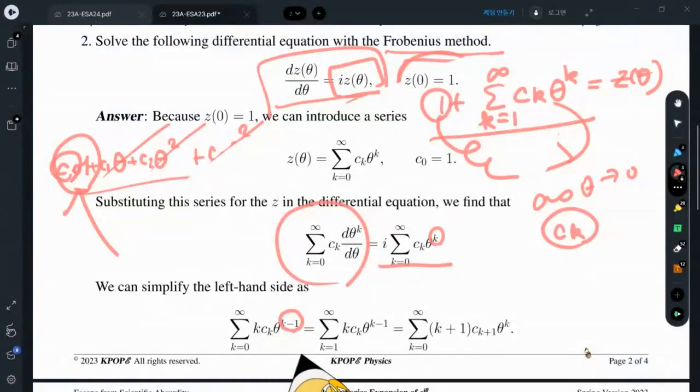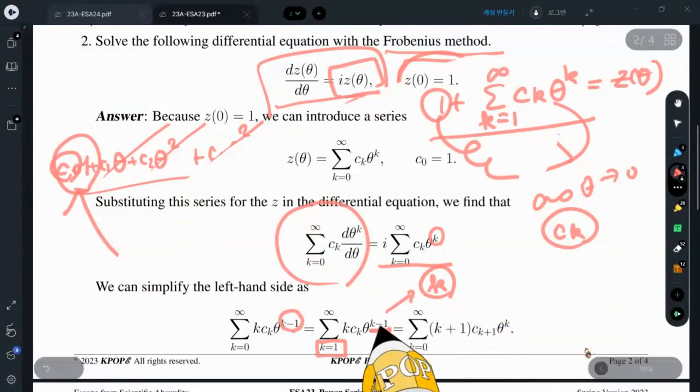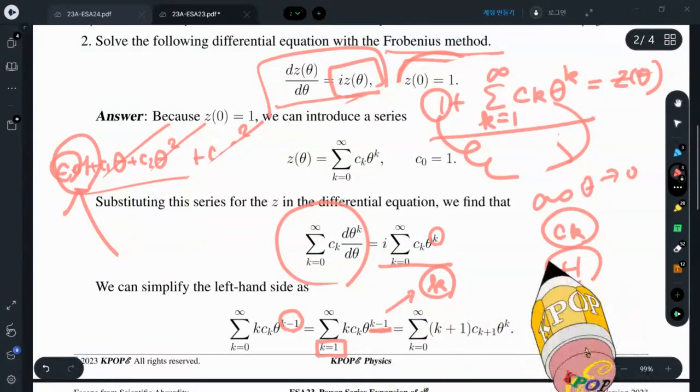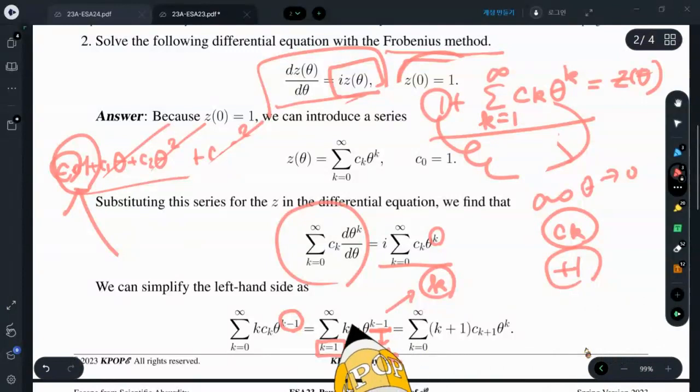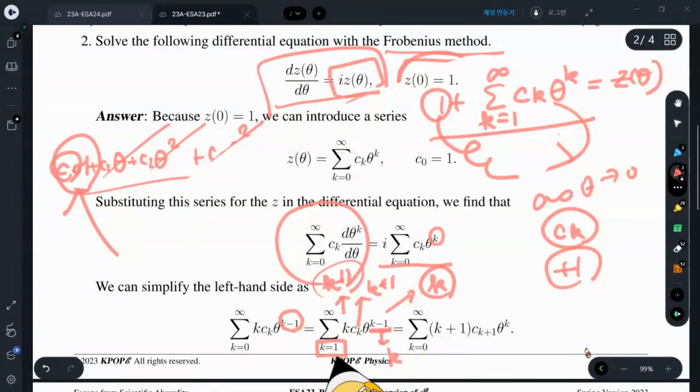I don't need this, so we begin with k equals 1. And then my main goal is to replace this 1 into k. That is to add every k by plus 1. So if I add any k by plus 1, it becomes k plus 1, it becomes k plus 1, and then what happens?